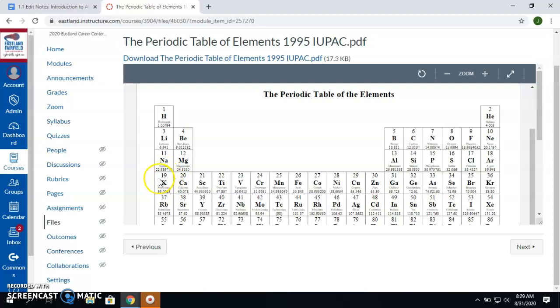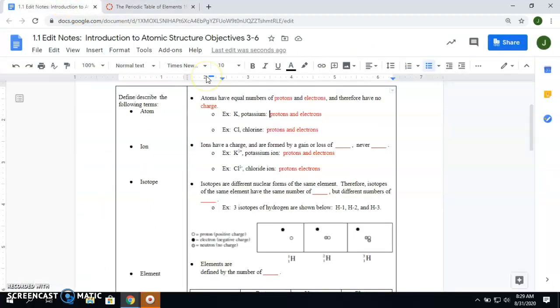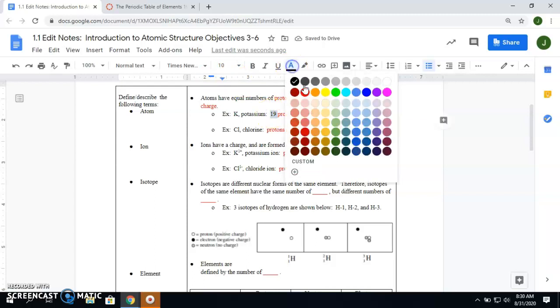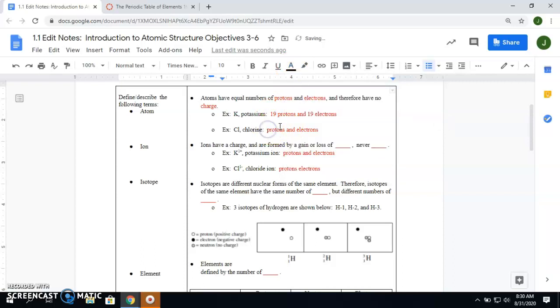So we know that potassium is going to have 19 protons. And because this is neutral, it must have 19 electrons also. So 19 positively charged particles and also 19 negatively charged particles.